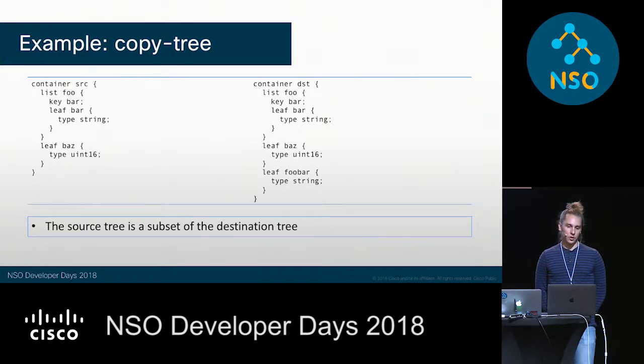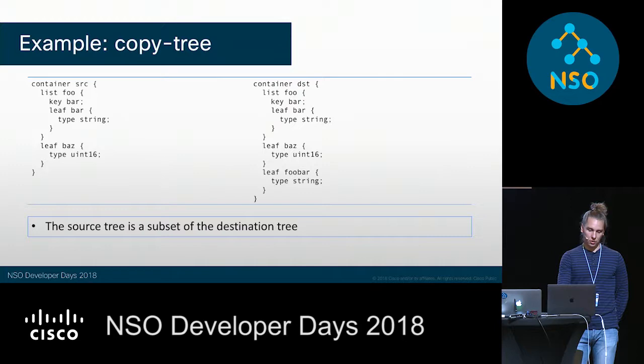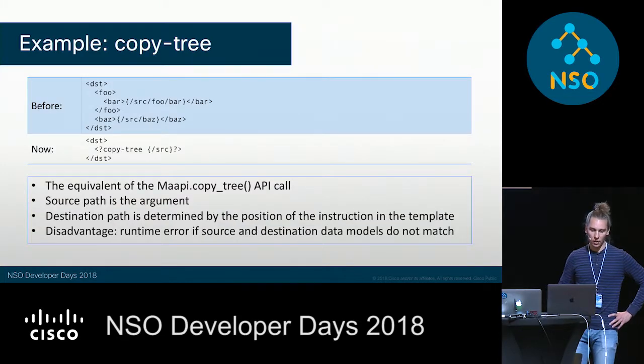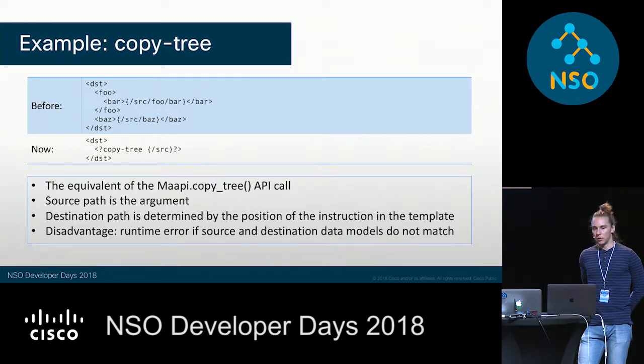Then copy tree could be helpful. It works when the model of the source is a subset of the destination model. Then instead of specifying all the tags one by one, we could use this copy tree.